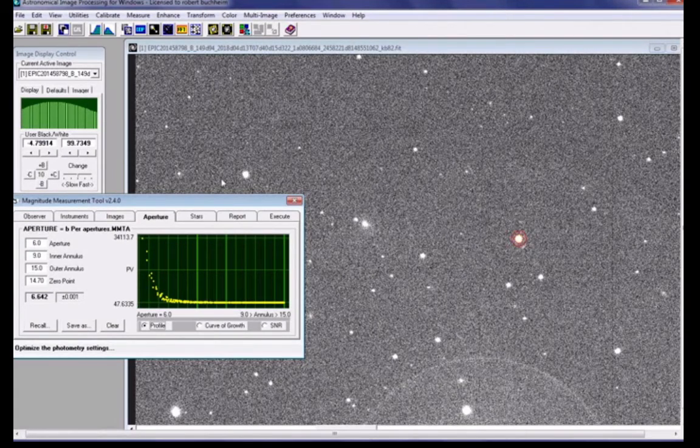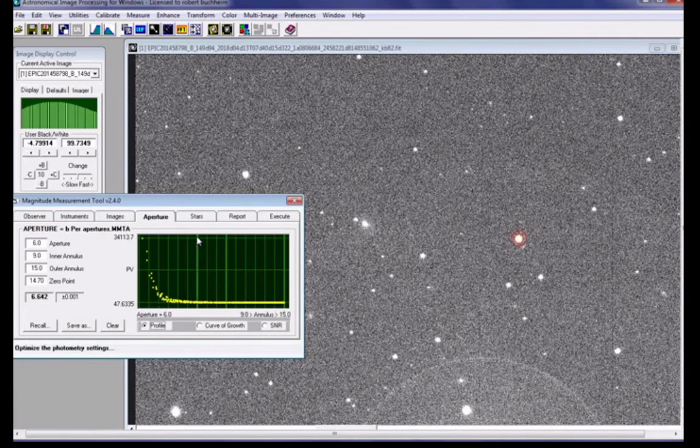Okay, you will recognize this picture as one of your eclipsing binary pictures, although it displays upside down on my screen. And if I click on your target star here, what the graph is showing is ADU count versus radial position from the centroid.